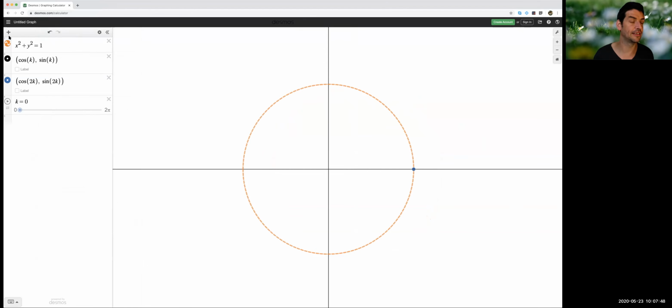So you can see up on the left-hand side, we've got cosine of k, sine of k, cosine of 2k, sine of 2k. All right. And just notice that cosine of k, when our input is just k, is the black dot, cosine of 2k is the blue dot, and as I start changing the inputs, the black dot's only gone a quarter of the way around, the blue dot's gone halfway around, and by the time the black dot's gone halfway around, the blue dot has gone a full rotation, and by the time we finish, going from 0 to 2 pi, that blue dot has gone around twice, and the black dot has only gone around once, right?